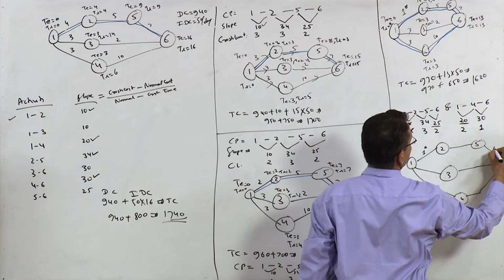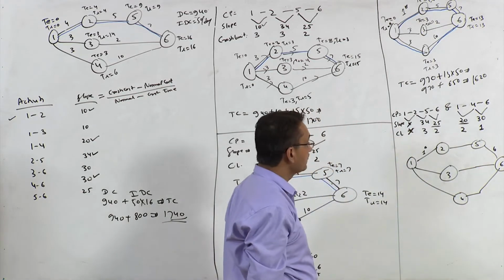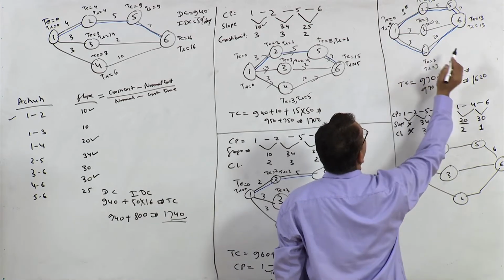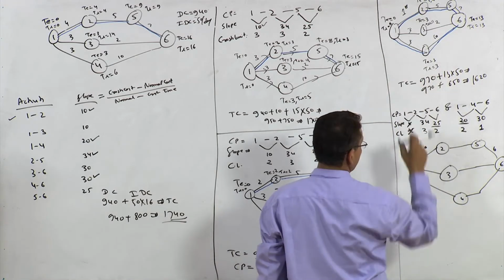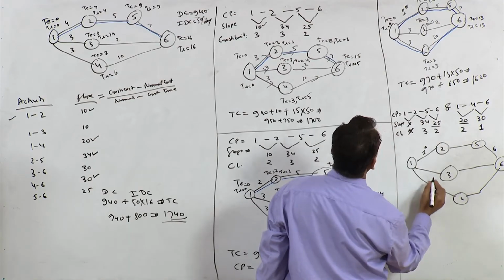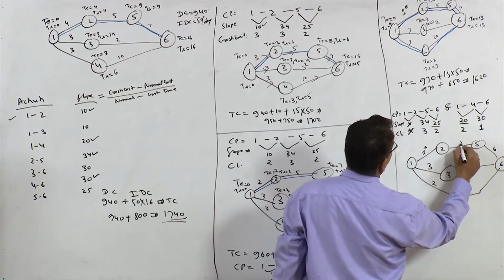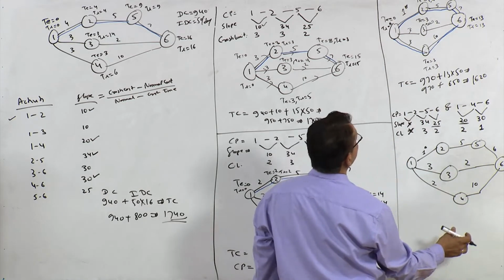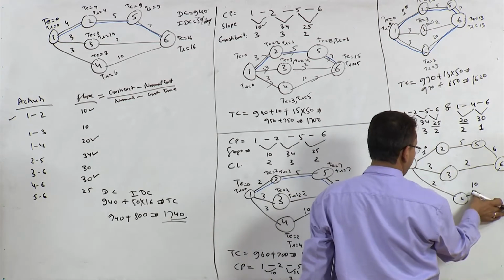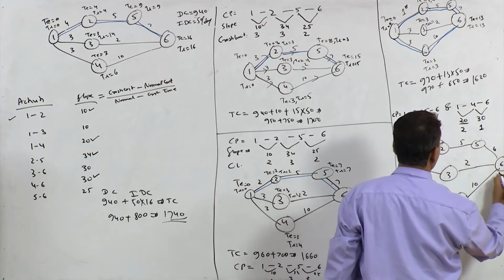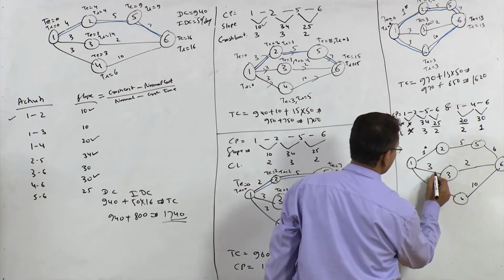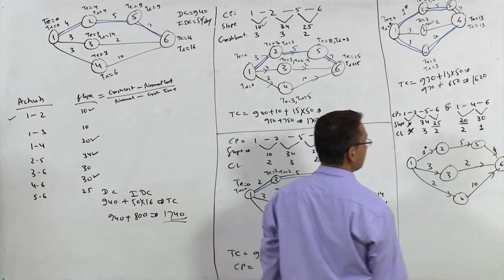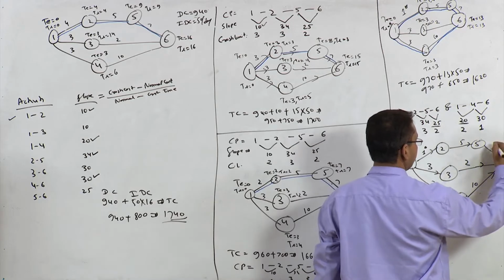So this is now 6. Okay. And 1.4. Where is 1.4? 1.4 is this. Now this is 2. All other durations will remain the same. 5, 2 and 10. All these activities are in this direction, right? So this is 6, right?